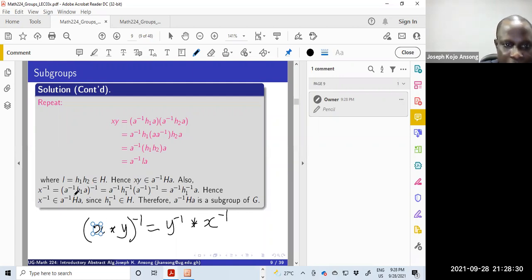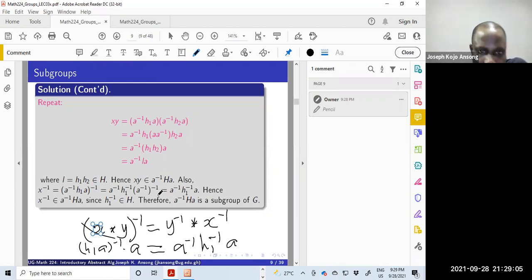Here you can do the same thing. First, H1 A inverse star A inverse; well, the inverse of A inverse will just be A. Now, for H1 A inverse, I reverse it again. This means I'm going to have A inverse first, before H1 inverse, and then multiply by A. Good. So that is what I have here.